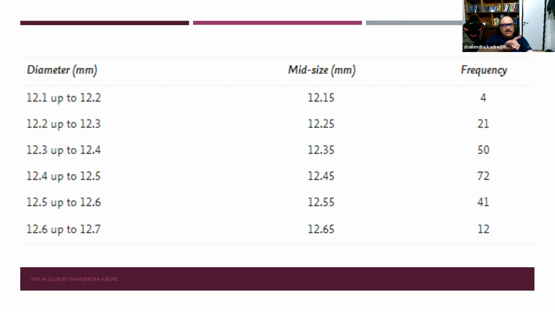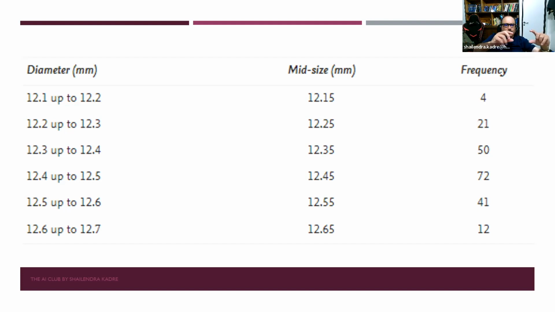Now see the first row. I have taken a lot of 55 bolts and I'm measuring them. Between 12.1 and 12.2, I get 4 bolts.